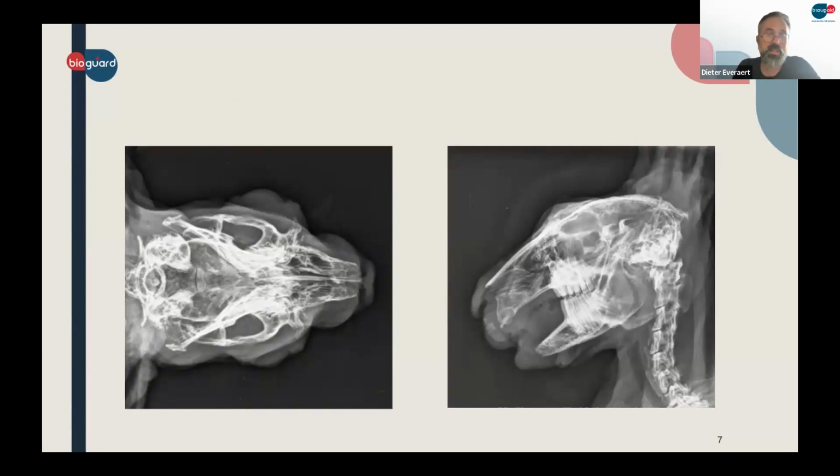The bulla normally, as you know, is filled with air. It's becoming filled with fluids, gaseous fluids. So the problem quite often is that there's also bone involvement, and because of the fluid in the inner ear and middle ear, there's a vestibular problem.